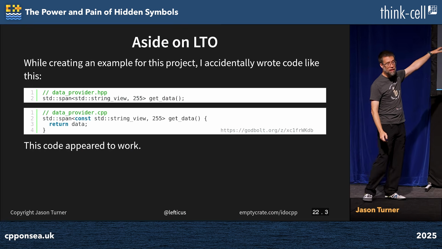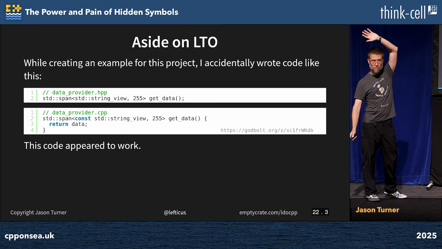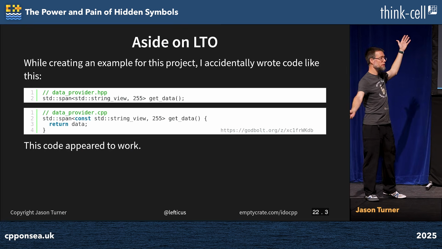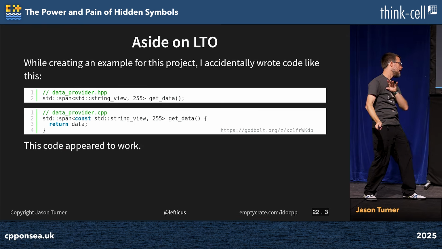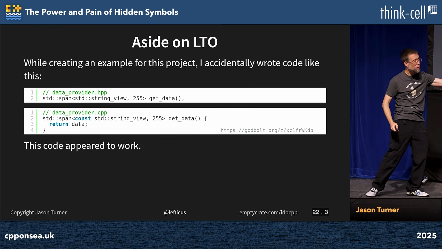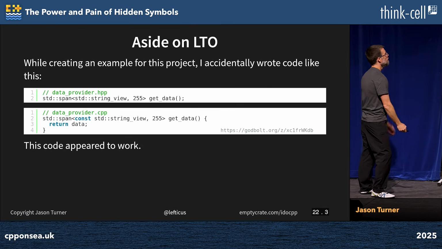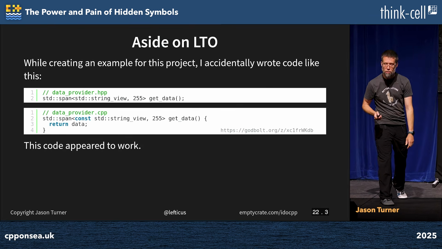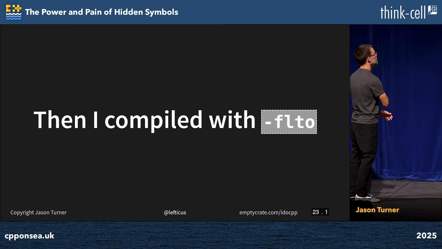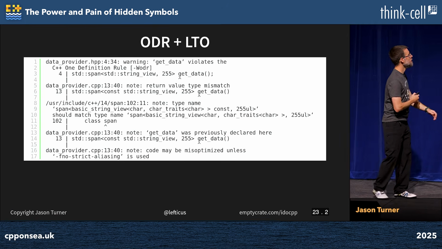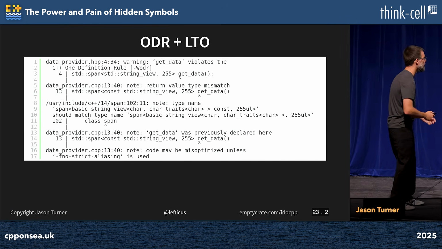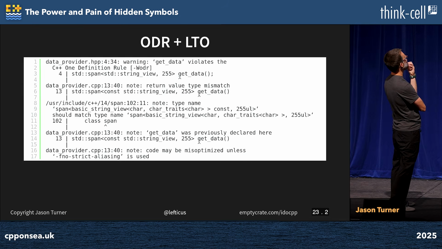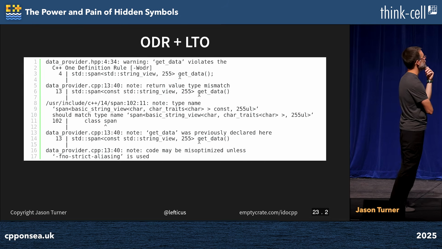These things are going to have the same layout. I compiled multiple object files, I linked them together, and I executed it, and it did exactly what I wanted it to do. And then I turned on LTO. And I get this. And I stared at the error for a minute. Oh, I have a one definition rule violation.